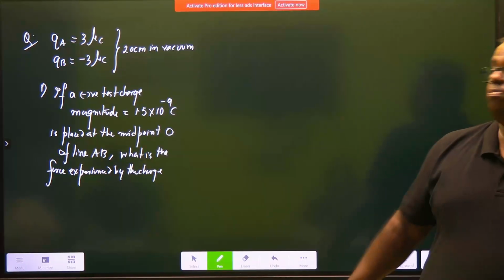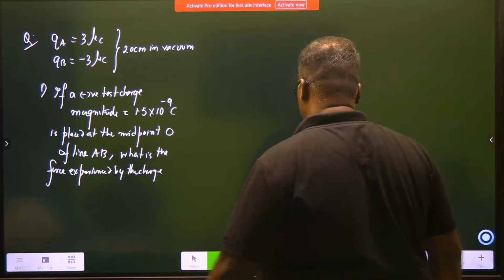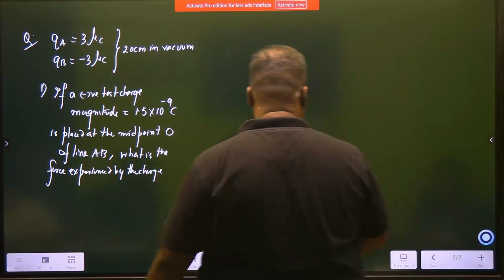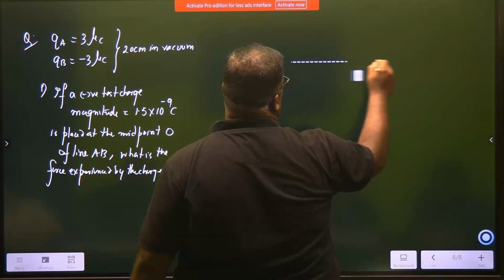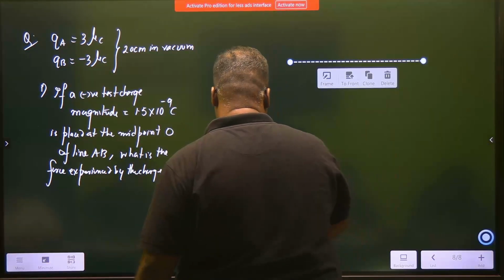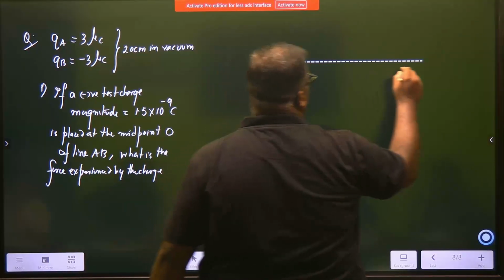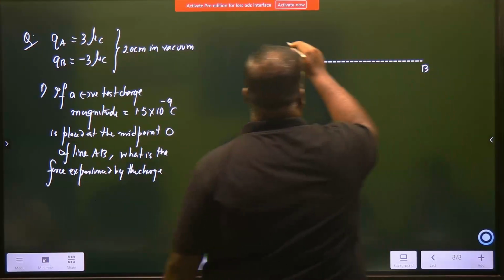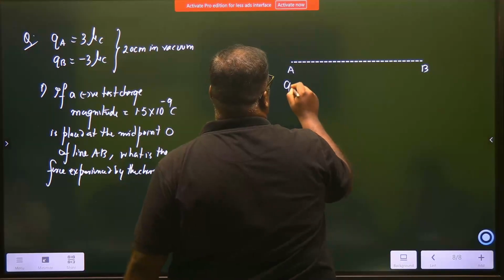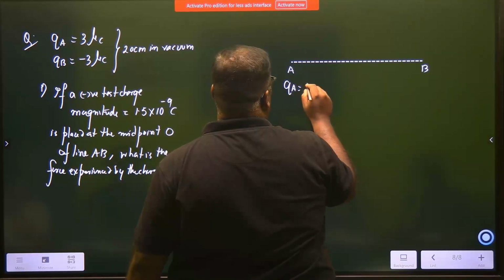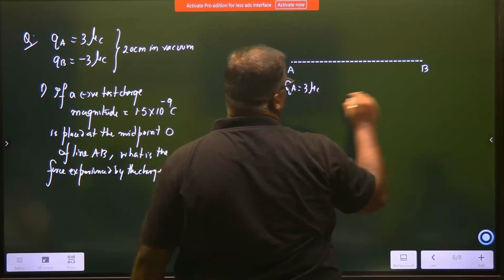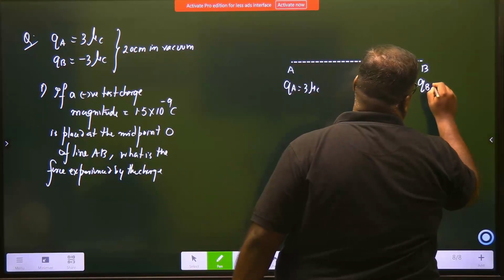And pictures are very important. What happens? We have got two charges out here. So let me say that I have a distance of separation and I have got two charges. This is A and this is B. This is QA. QA's value is how much? 3 microcoulomb. QB's value is how much?